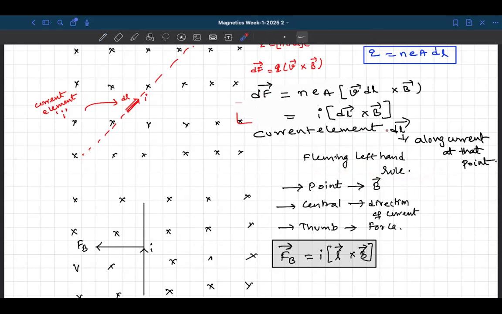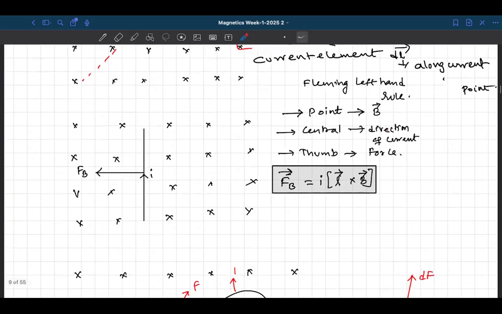Imagine the three fingers are stretched mutually perpendicular to each other. The forefinger shows the direction of B, the central finger shows the direction of current, and the thumb represents the direction of force. Okay?